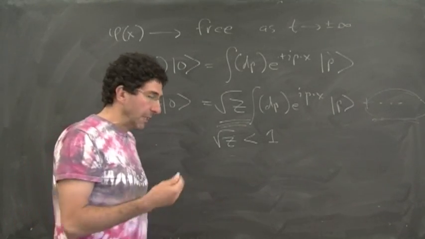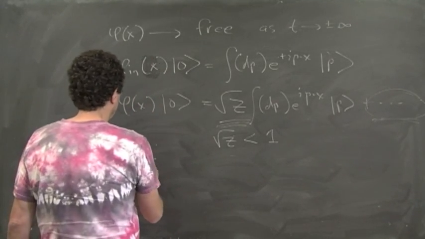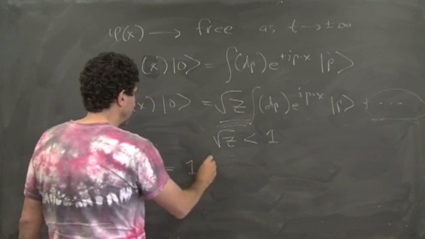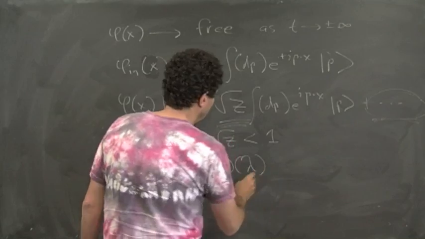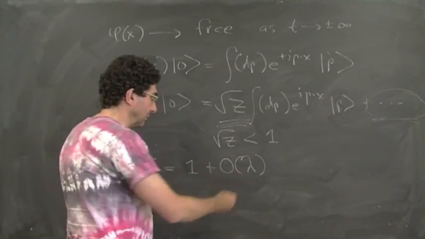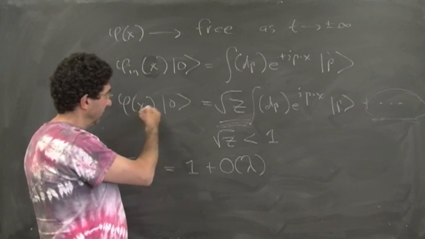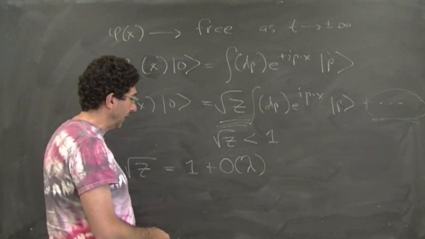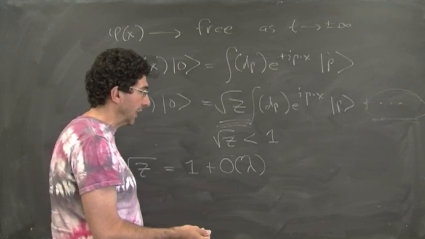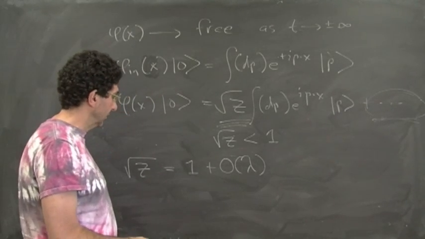So eventually, if you go on in quantum field theory, you know that z is 1 plus perturbative corrections, because of course if I set my coupling to 0, if I set my interactions to 0, then z is 1, because I just have a free field. You can compute z in perturbation theory, and you would learn how to do that in your subsequent course.